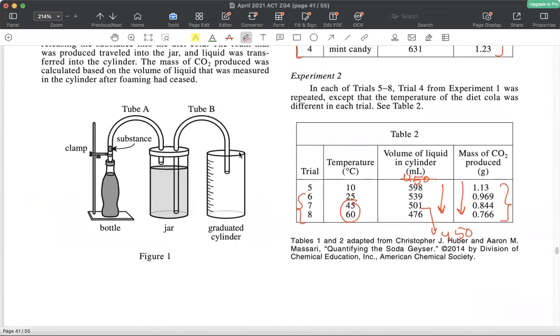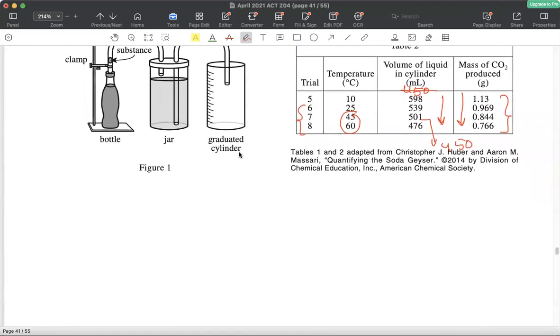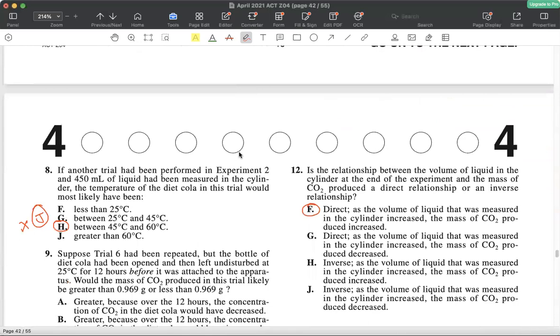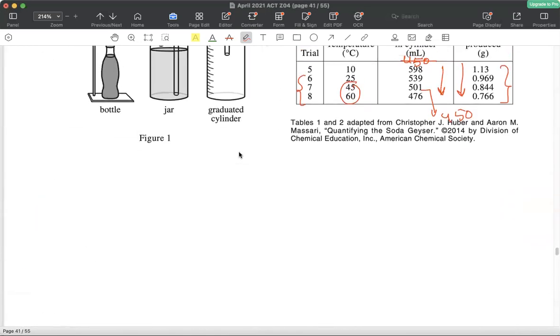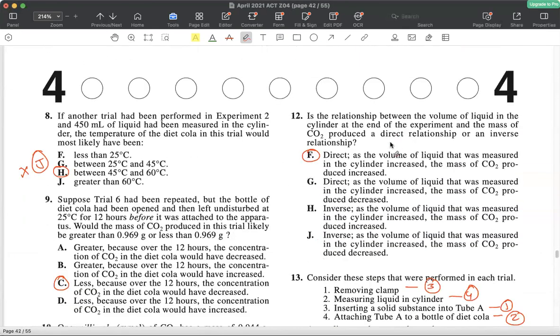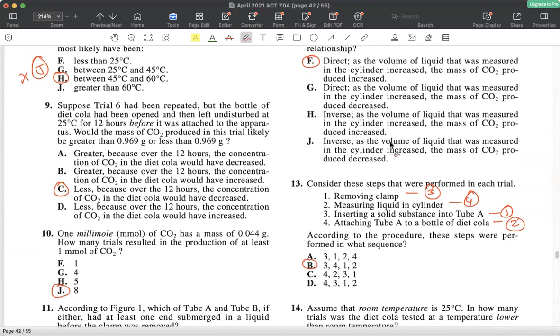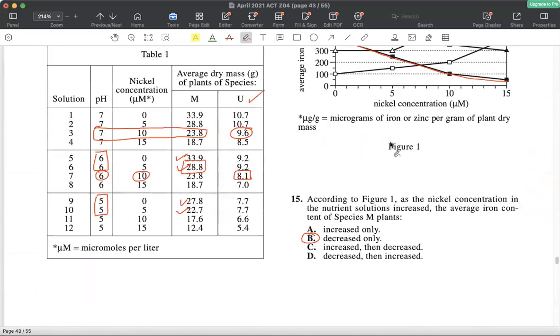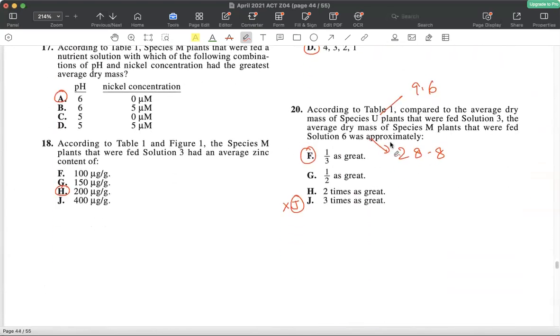Diet cola is changed, right? This is the temperature. So you're doing it between... 450 ml of the liquid. Oh, this is such a silly mistake. 450 is below 476. So it obviously has to be greater than 60 degrees. Okay, yeah, so that's clearly a silly error. I'm sure 20th is also something like that.